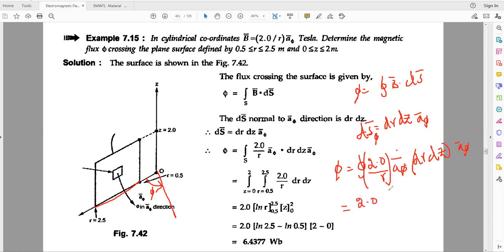So 2.0, the integral is 1 by R into dr dz.